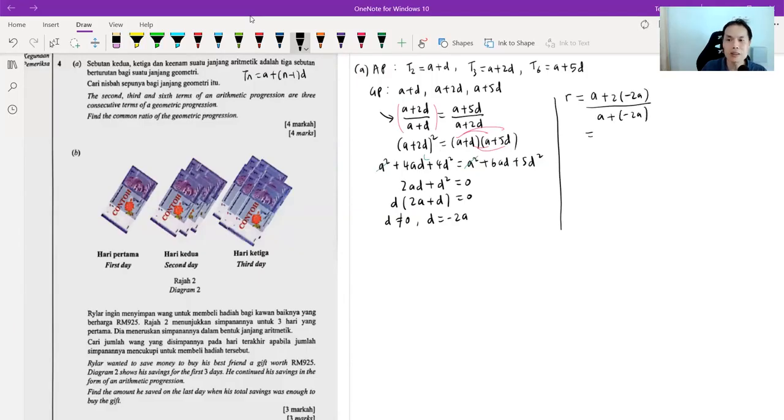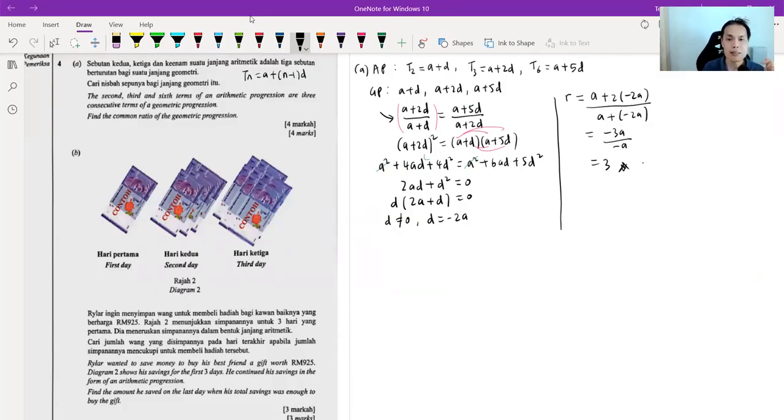So what we have here is 1a minus 4a, negative 3a, and 1a minus 2a is negative a. So when you divide, your common ratio is 3. Notice we don't have to find exactly the value of a or the value of d, but we can find the common ratio by simplifying it.